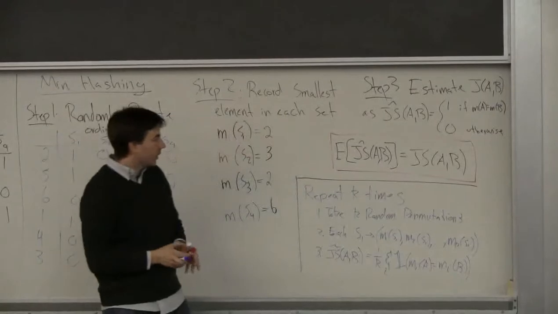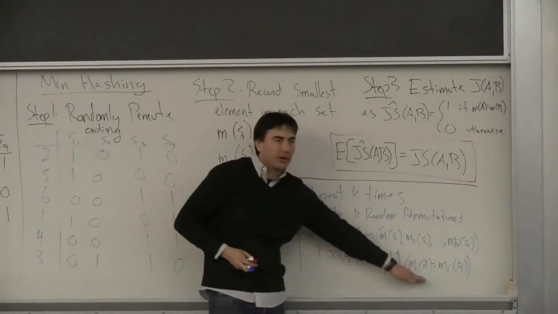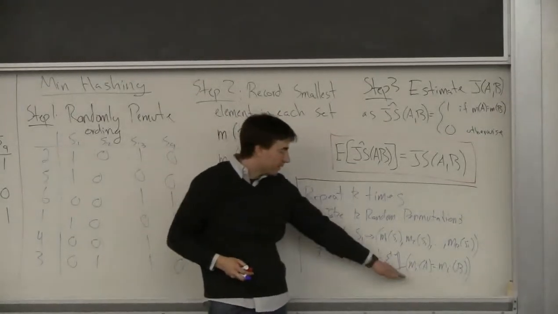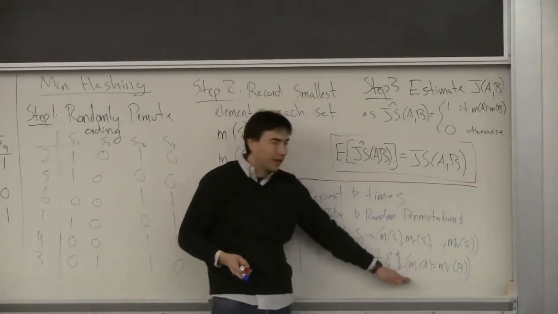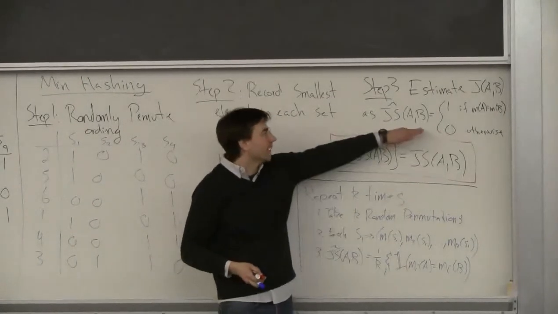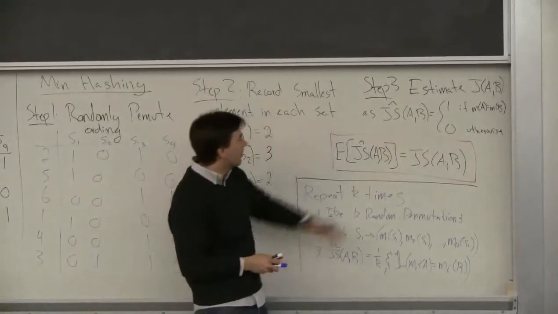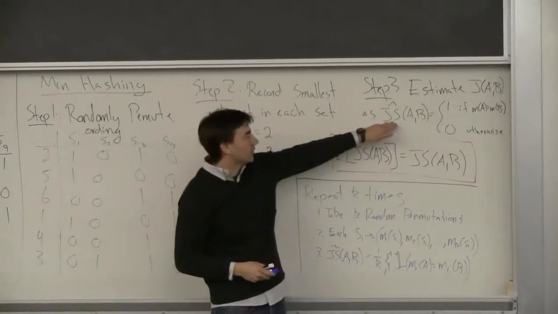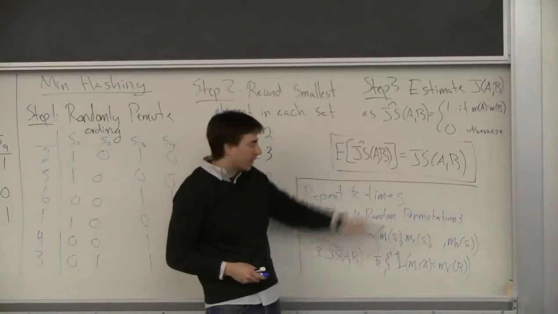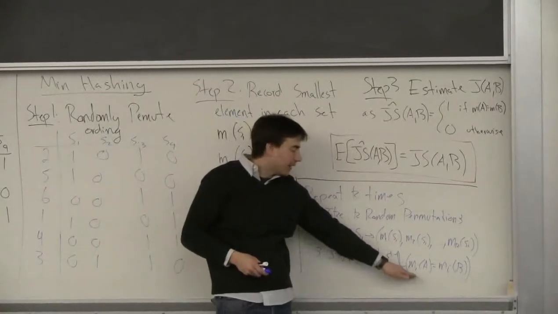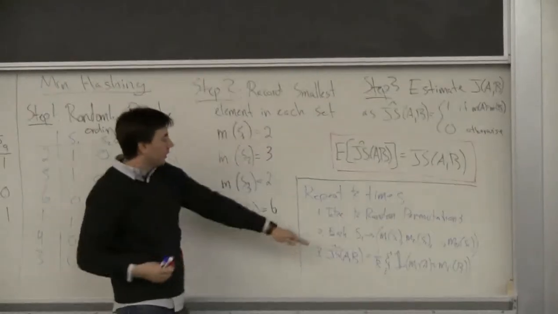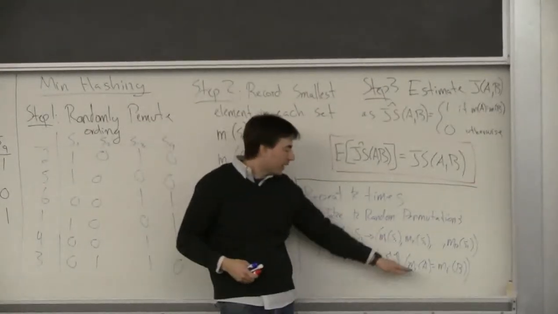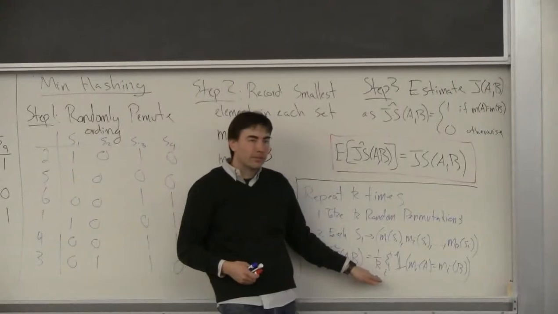So I'm going to look whether these values are equal. If this is true, I get a 1. If it's not true, I get a 0. That's this function here. I have all these values Mi, each of these elements of this vector, I can compare them. If they're equal, I get a 1, and I average all these.